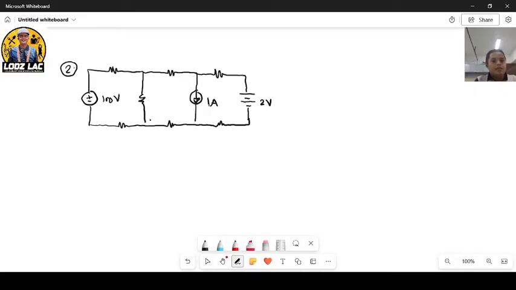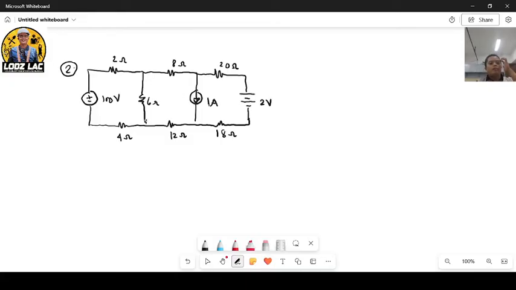Let's put the given ohmic values. Let's just use 2 ohms, 4 ohms again, 6 ohms, 8 ohms, 12, and for example this is 20, and then this is 18 ohms.